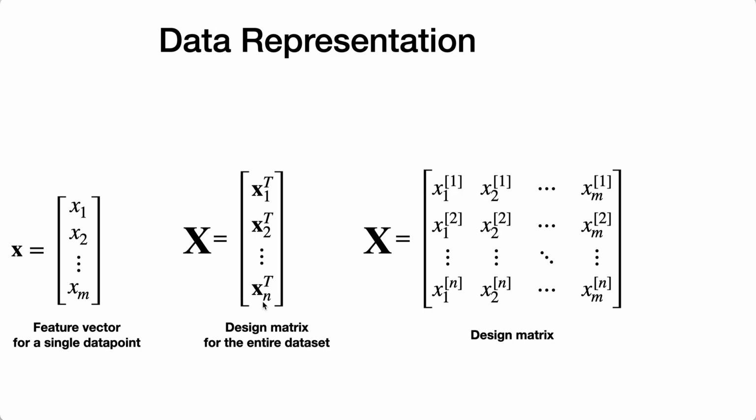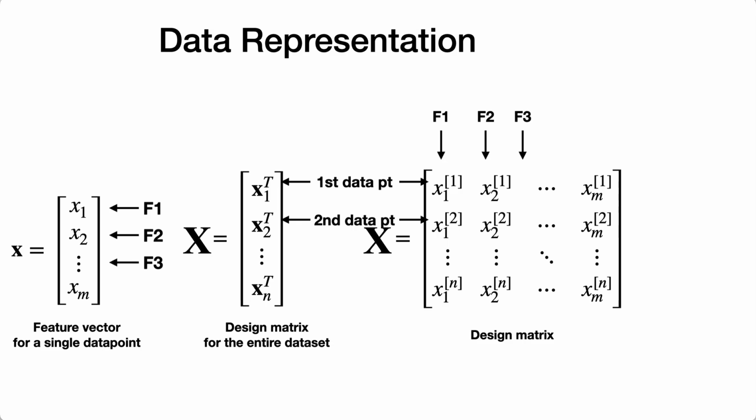Well, we're going to then take those column vectors and transpose them so that this is the first data point, and this is the second data point, all m of its variables, and so on and so forth. And then we have n rows in the data set. So this is our so-called design matrix. It is a standard matrix representation of a data set, which we will use a lot in the future. So we take feature 1, feature 2, feature 3, and first data point, second data point, and we put the data points and features in like that.